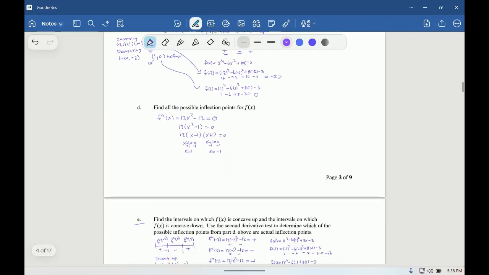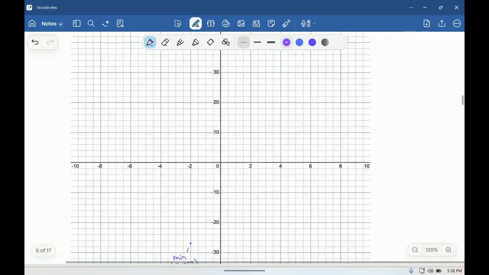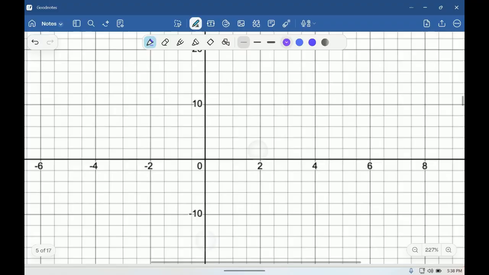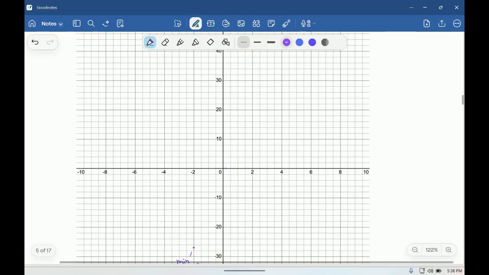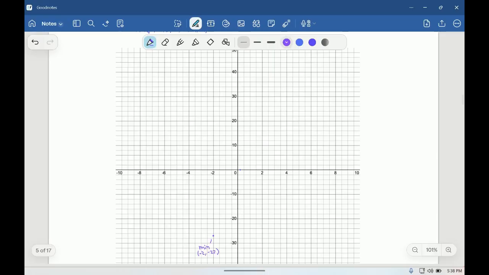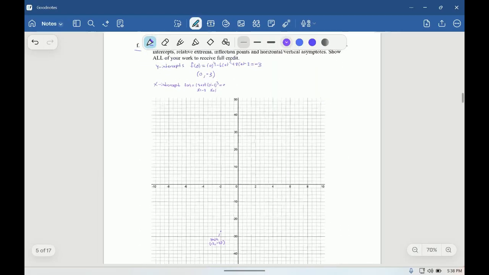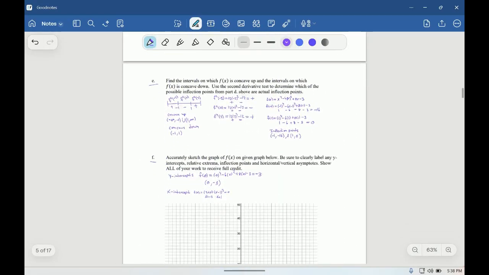And then we're going to do (1, 0), but it's not going to mean much. We're not going to label it because it's neither a min nor a max, but it's good to have.